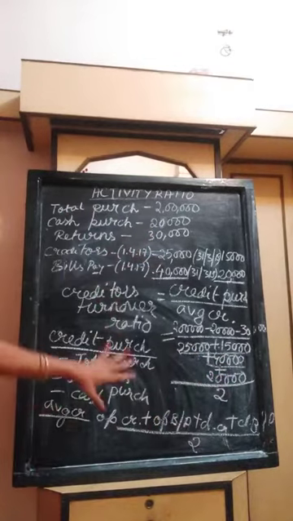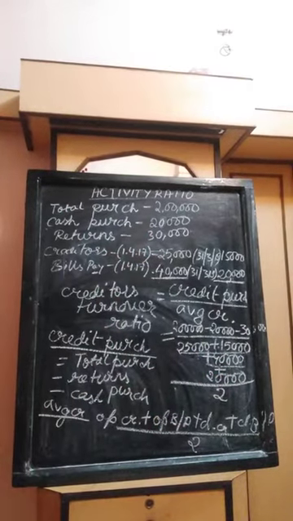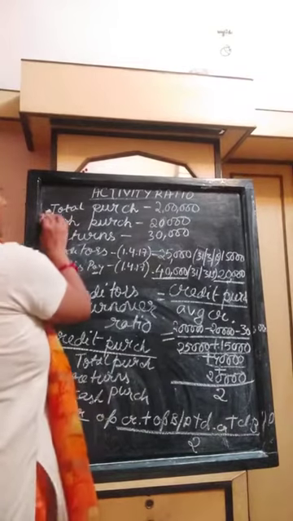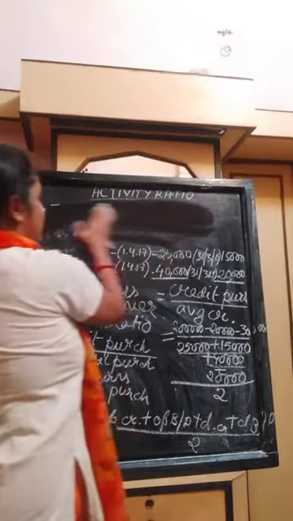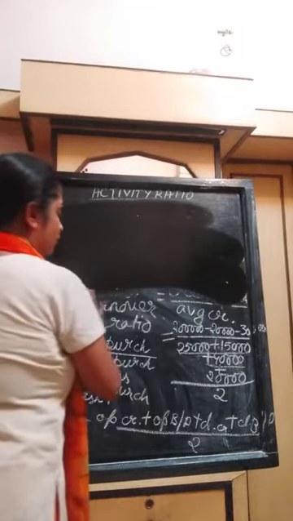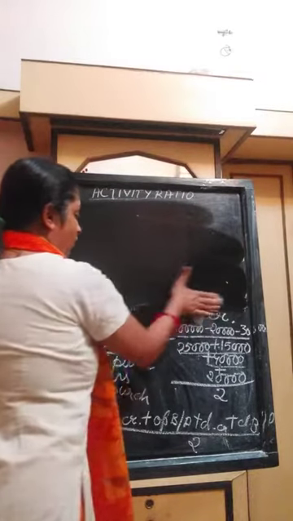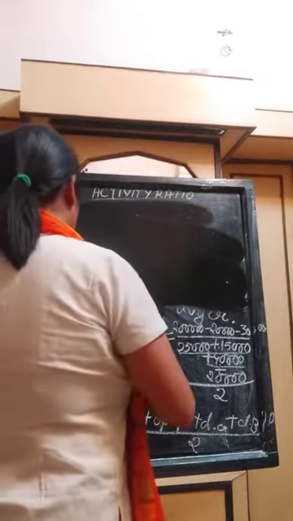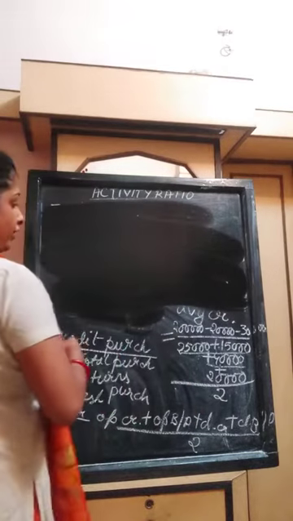In this way you have to solve the sum. Do the calculation. I am rubbing the illustration over here to show you the detailed calculation of creditors turnover ratio.